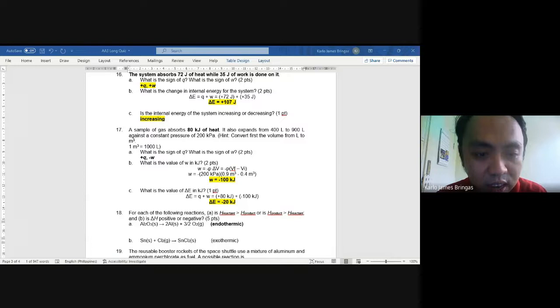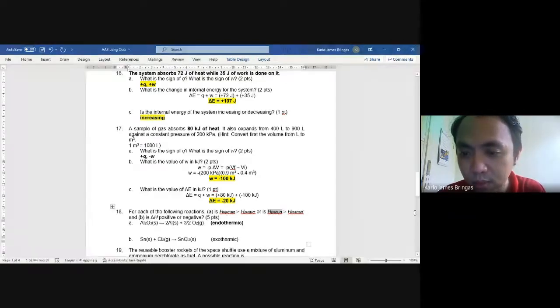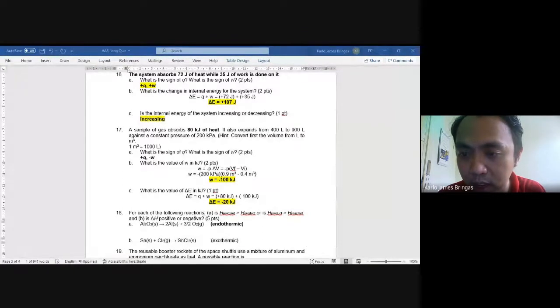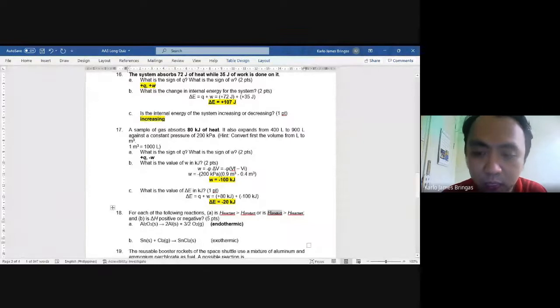So any ideas? For letter A, is H of reactant greater than H of product? Or is H product greater than H reactant? Okay, so AC says product is greater with a lot of question marks. So Raf also agrees product is greater than reactant for the enthalpy.